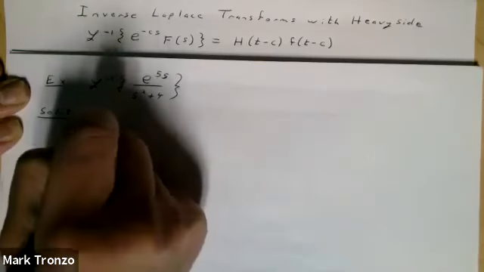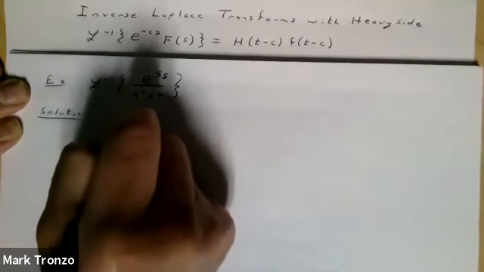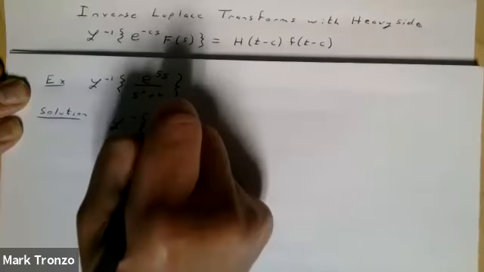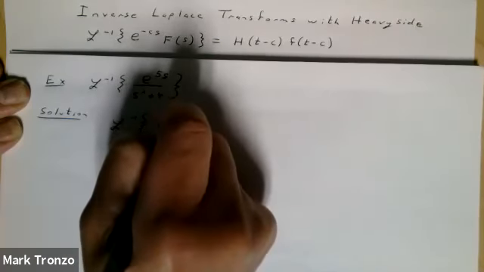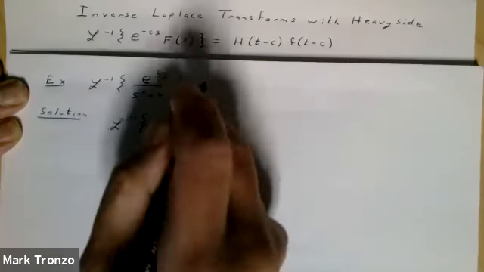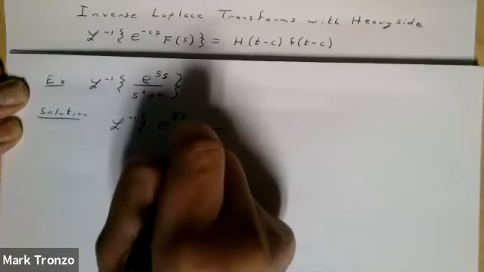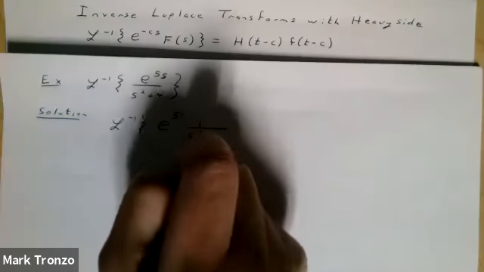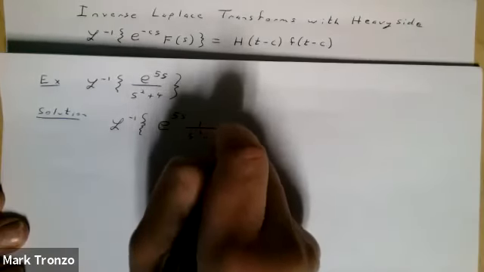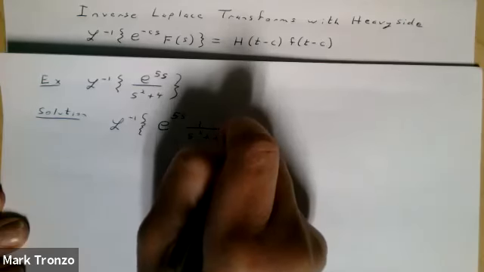Once again, rewrite these so it's a little bit easier to see what's going on. e to the 5s like this, and then 1 over s squared. And I'm going to write that as 2 squared because this looks like something we're going to look up in the table.